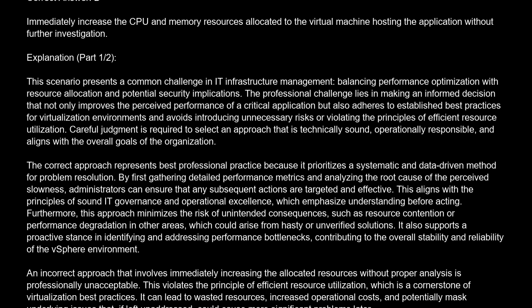It also supports a proactive stance in identifying and addressing performance bottlenecks, contributing to the overall stability and reliability of the vSphere environment. An incorrect approach that involves immediately increasing the allocated resources without proper analysis is professionally unacceptable. This violates the principle of efficient resource utilization, which is a cornerstone of virtualization best practices.